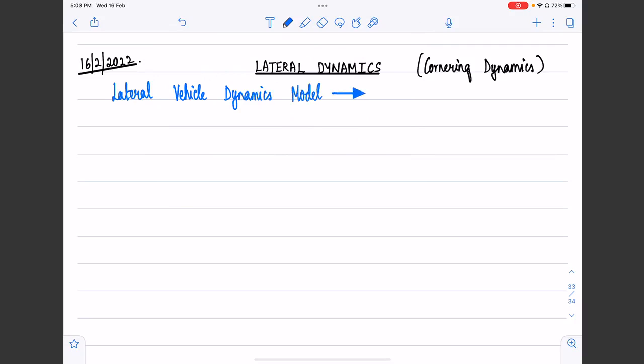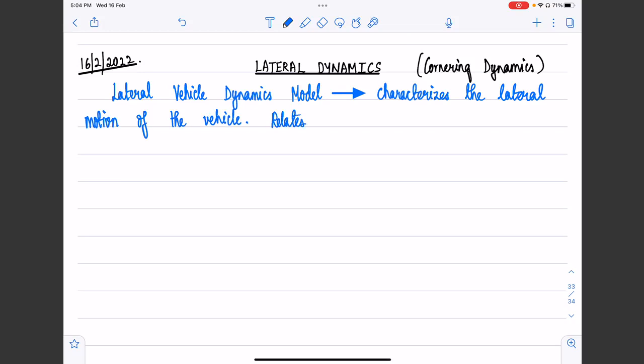So a lateral vehicle dynamics model characterizes the lateral motion of the vehicle, by and large due to a steering input. And what it does is that it relates, as we just briefly recap, when we talk about dynamics, we are going to essentially study the relationship between forces and torques and the motion that they create.